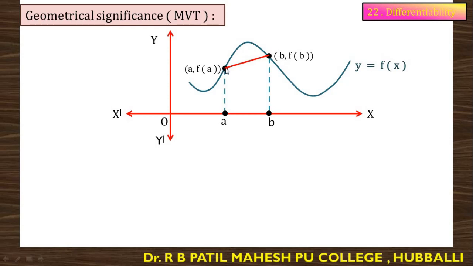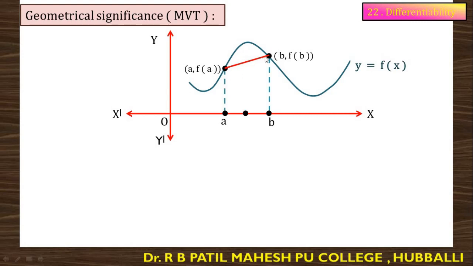How do you find the slope of this straight line between these 2 points? It is y2 minus y1 divided by x2 minus x1, that is nothing but f of b minus f of a divided by b minus a. So geometrically that operation is nothing but the slope of the secant. This line is called a secant between these 2 points.